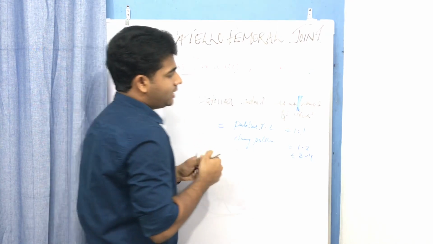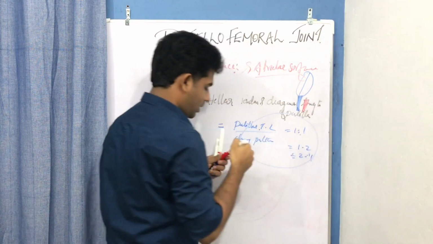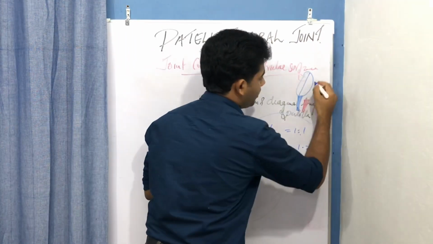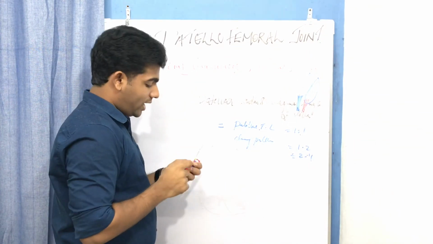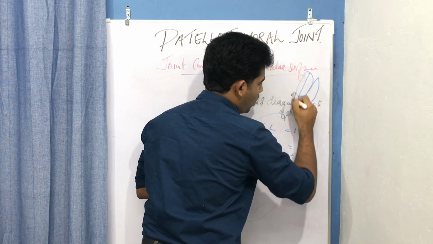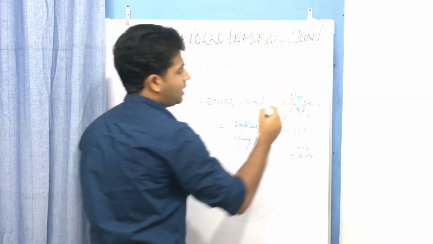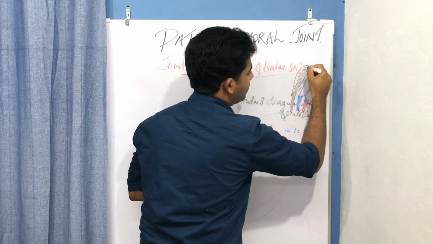If the patellar tendon is relatively short like this, what happens? The patella comes down, right? Condition known as Patella Baja. Whereas if the patellar tendon is relatively a longer one, what happens? The patella goes up, and that condition is known as Patella Alta, right?